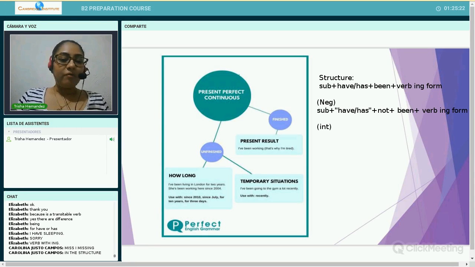That's incorrect. For temporary habits or situations, the action started in the past and continues to the present in the same way as we use number one, like the thing that I just explained to you. But we don't answer the questions about how long. So in this use, we use a word like recently.